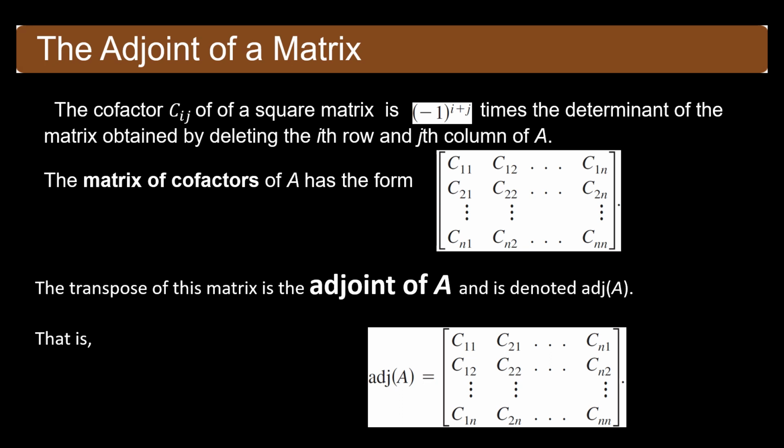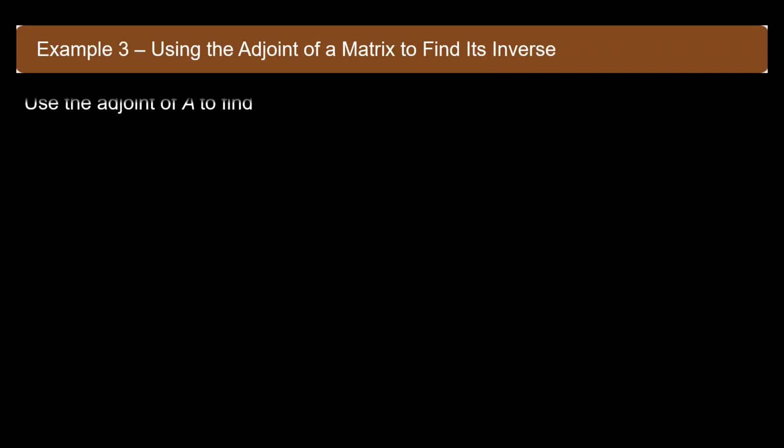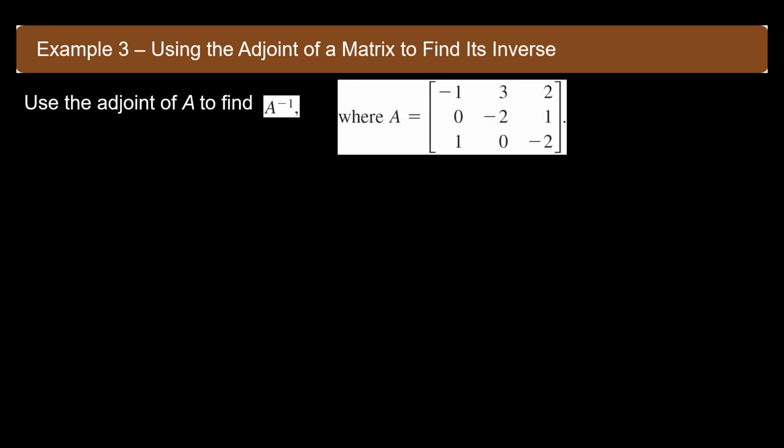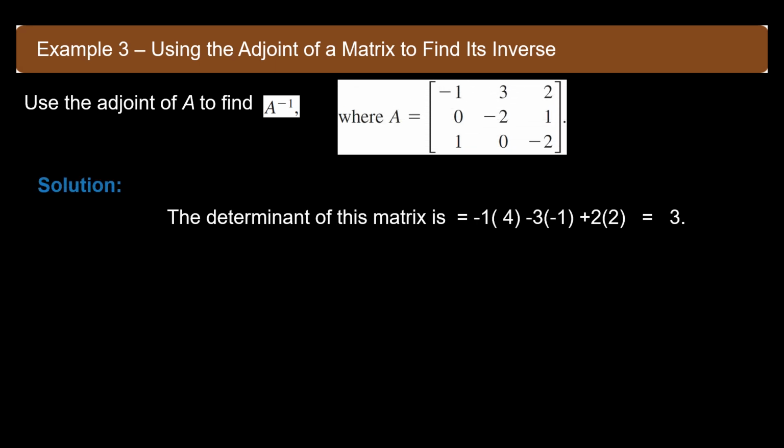So now since I have the adjoint matrix, it is easy for me to find the inverse of a matrix. Let's try a problem here. If a matrix A is given, then I can easily find the determinant, and the determinant is 3. You can easily get that result.